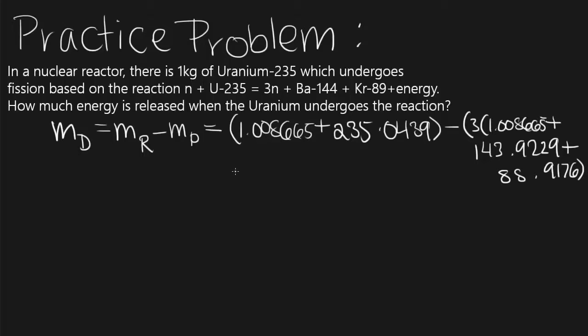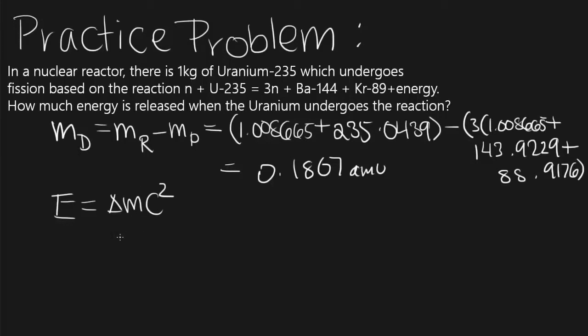This difference is equal to 0.18607 AMU. Now, having calculated the mass defect, we can calculate the amount of energy released using Einstein's mass equivalence equation, which is E equals delta m c squared.